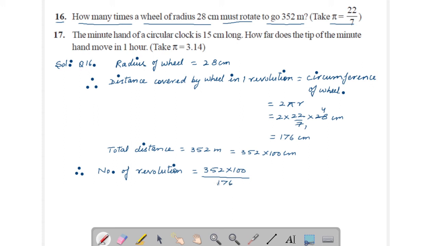Here cancel this. 176 ones are 176, 176 twos are 352. Multiply it. You will get 200 revolutions.